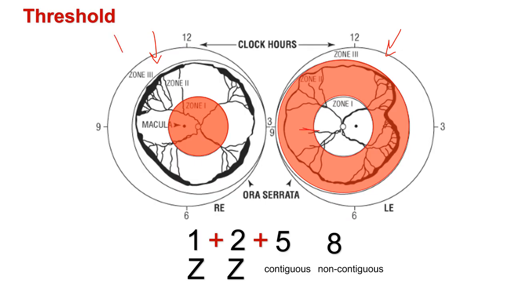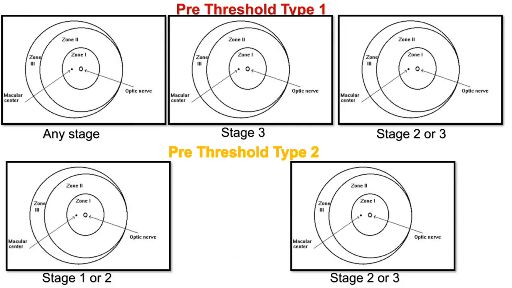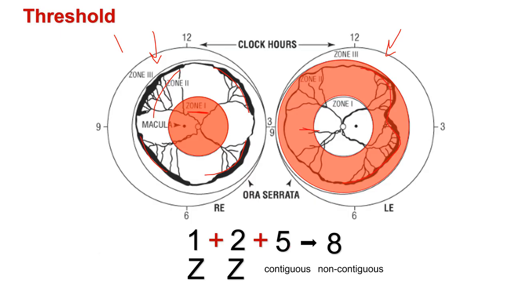So again, if we have ROP in zone 1, here is zone 1, in the center, involving 5 continuous clock hours or 8 non-continuous clock hours with the presence of plus disease, or involvement in zone 2.